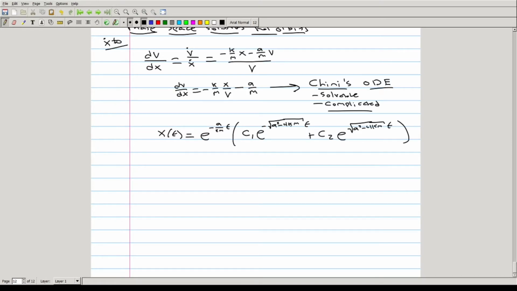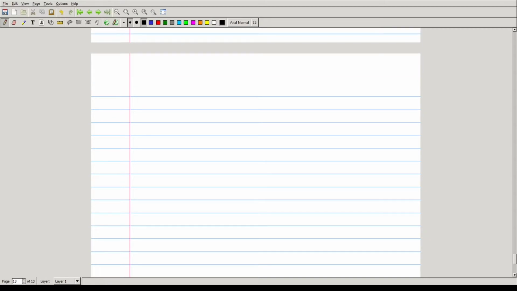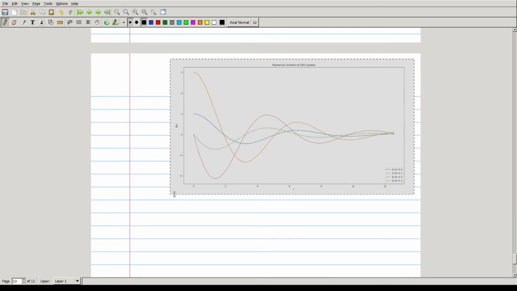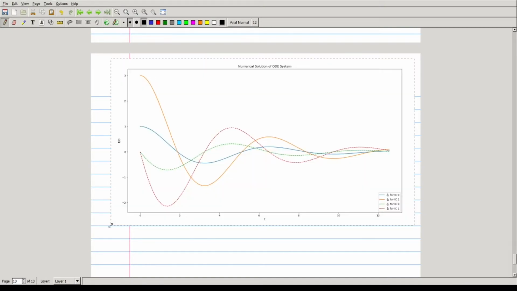And if this is greater than 0, then you have an exponential here and an exponential here, so you may have exponential decay or exponential growth depending on the relative values. But we'll consider the oscillatory decay because I think that gives the most interesting picture of the dynamics of this system.